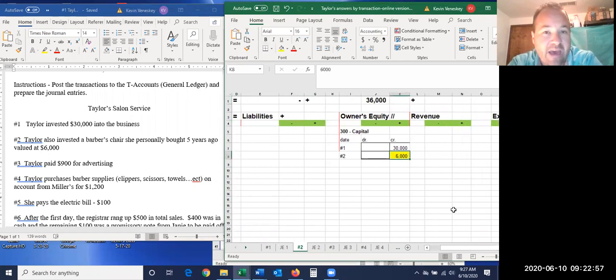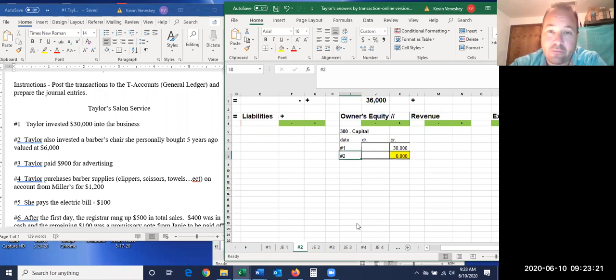We're going to credit our capital or common stock. So not only did the owner give us $30,000, he also gave us another $6,000 of stuff. So this just shows me that the owner has put in $36,000 of value into the business so far.